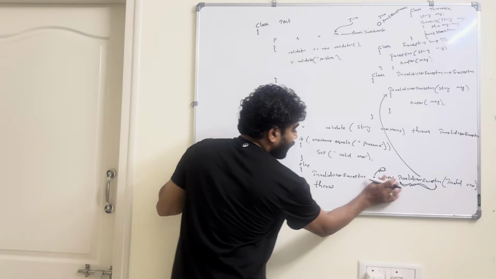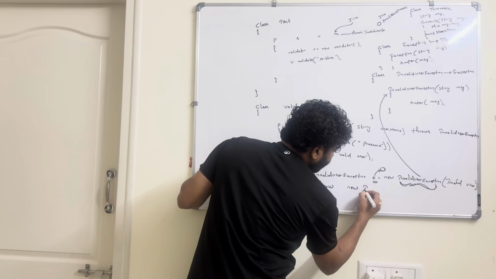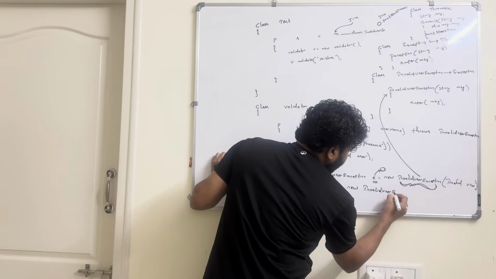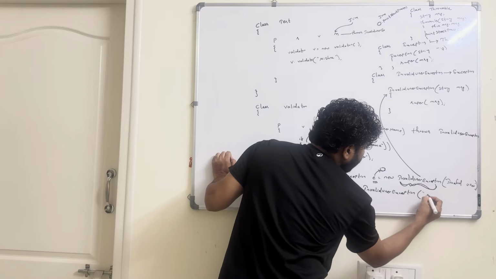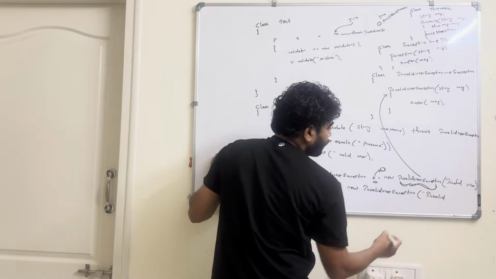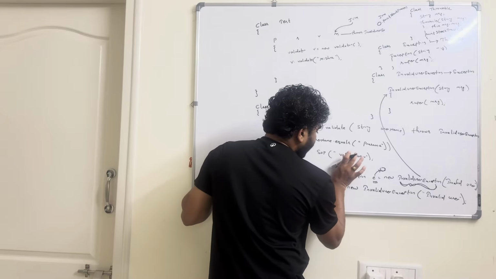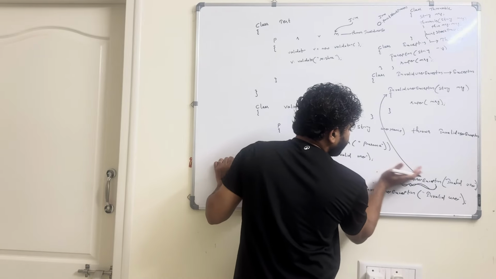I can. What I mean is, I can directly write here: throw new InvalidUserException with some error message, let's say "invalid user". Then I can remove this line of code.